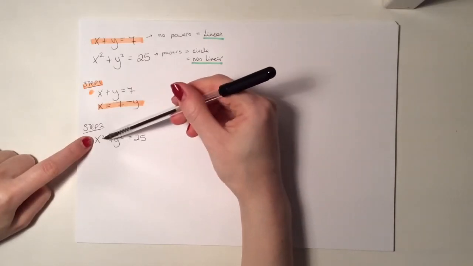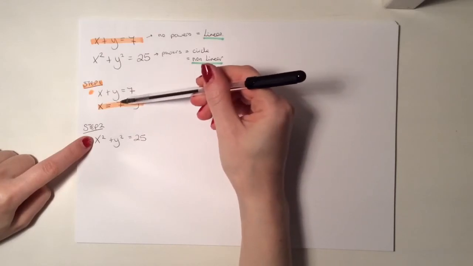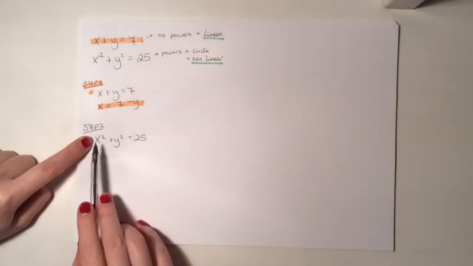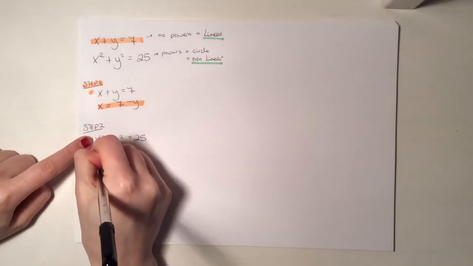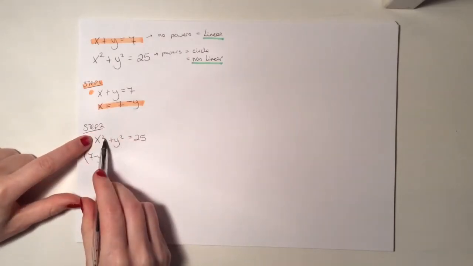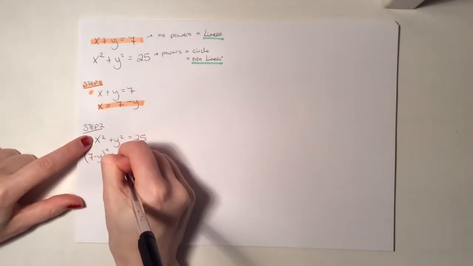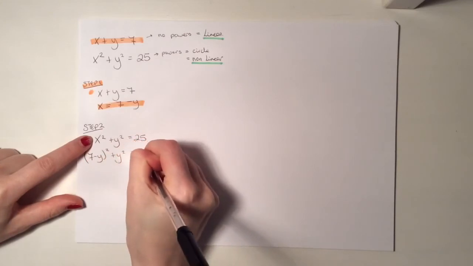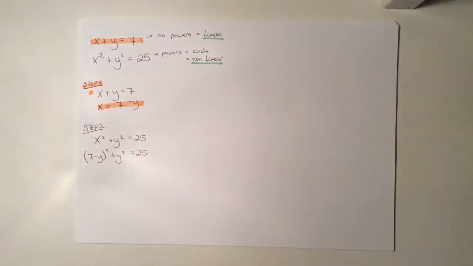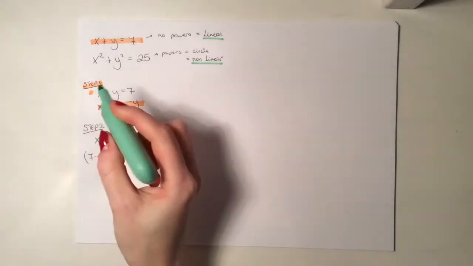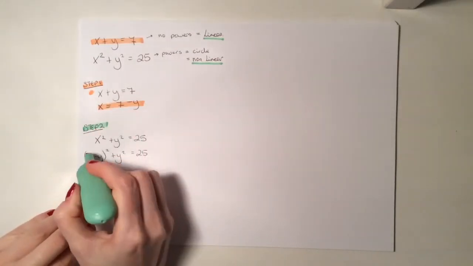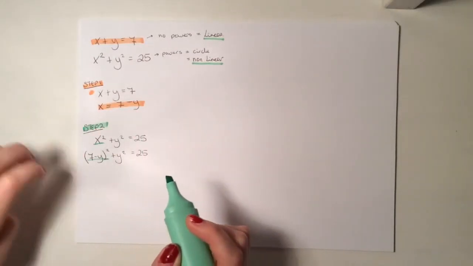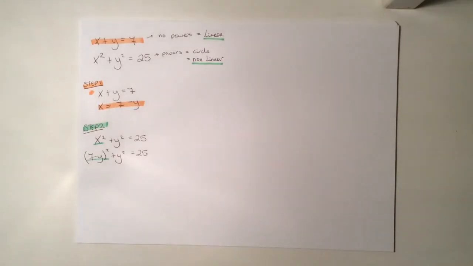So x squared, I'm now going to replace with 7 minus y to be squared. So replace the x, 7 minus y, it's x squared, so square it. So there now. So now that's step 2. I filled in and replaced the x with my value of x from step 1.